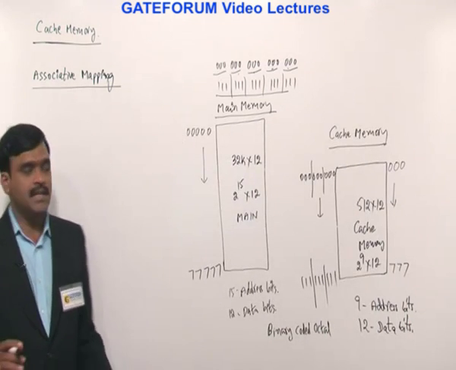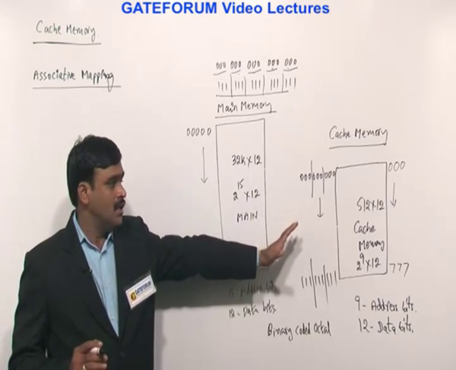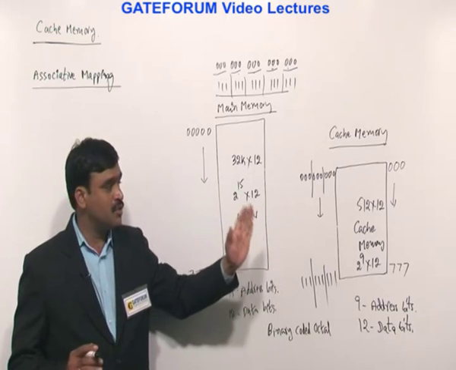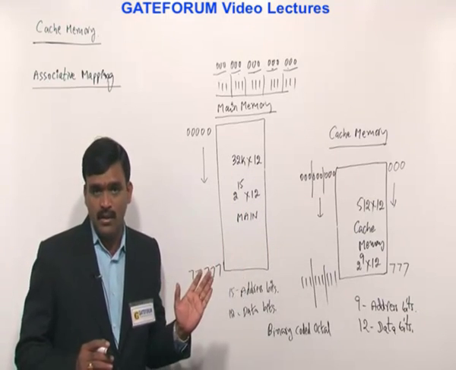When the data item is stored in the cache memory, that cache memory data item must be stored along with its main memory address. That is what associative mapping is.